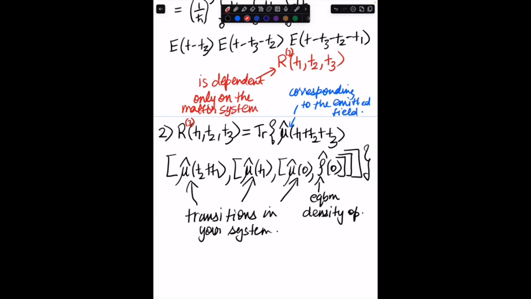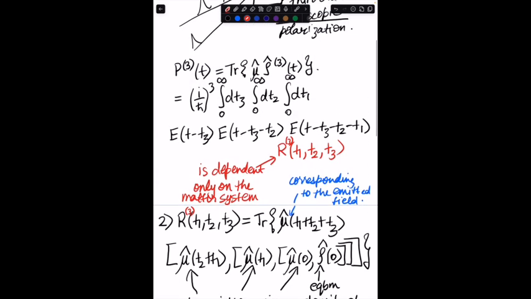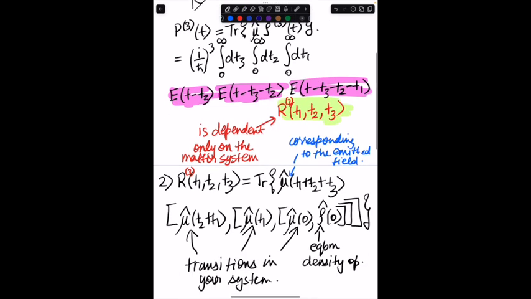So the entire idea behind the expression which we have calculated here for the third order polarization is that you have these three electric fields which are representative of the perturbations, and then we have this response function. So this response function only depends on the matter Hamiltonian, to be more precise.